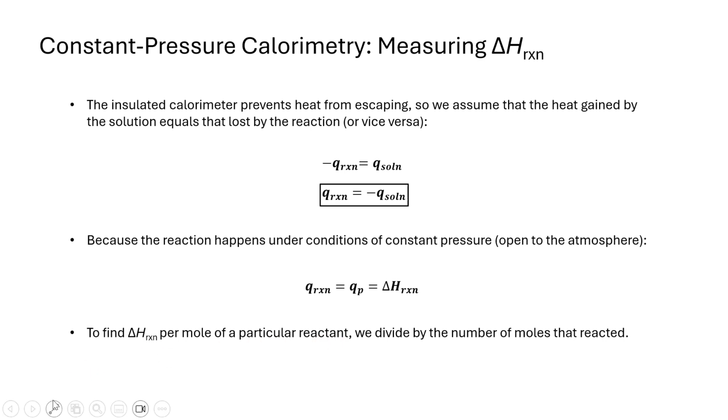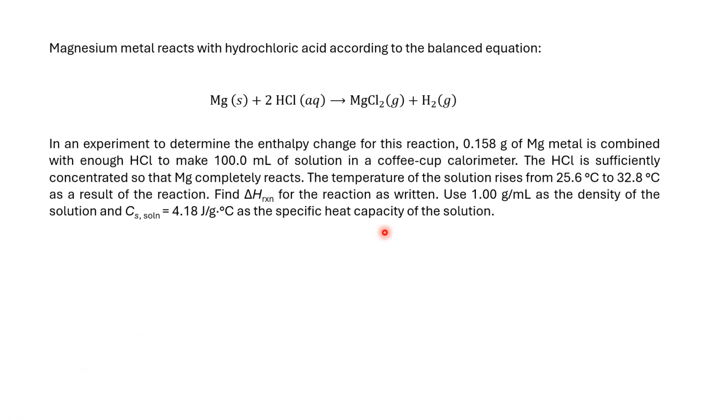Okay. All right, let's do a practice problem associated with that. So magnesium metal reacts with hydrochloric acid according to the balanced equation. So here's your balanced equation. In an experiment to determine the enthalpy change for this reaction, 0.158 grams of magnesium metal is combined with enough HCl to make a 100 milliliter solution in a coffee cup calorimeter.